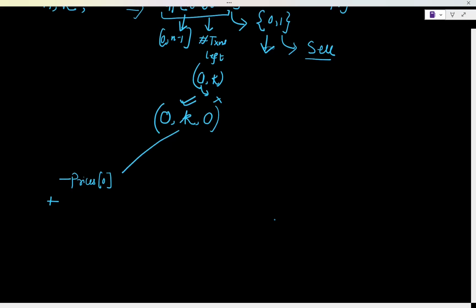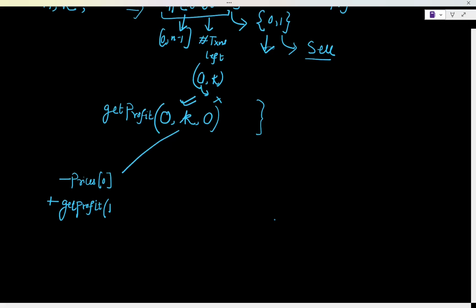Let's call this function something like get profit, getP. So this is the initial call that we will do. And then what will happen if I do a buy at 0? I'll incur something negative because I'm spending something. And I will make a call to get profit for index number 1 because I have already taken care of index number 0 now.